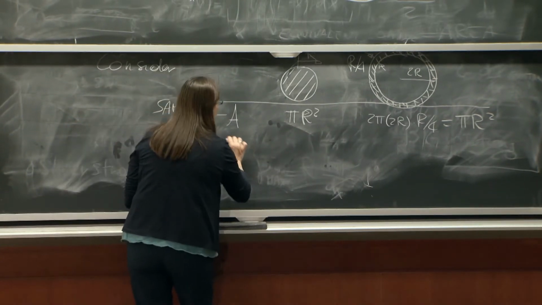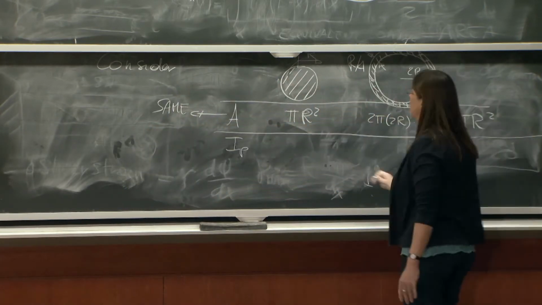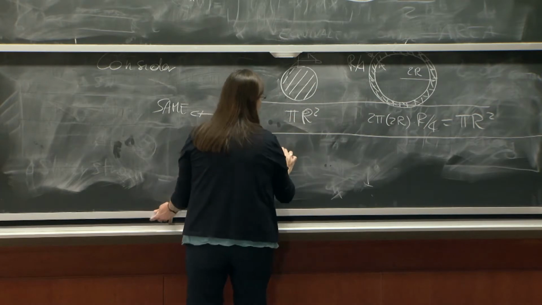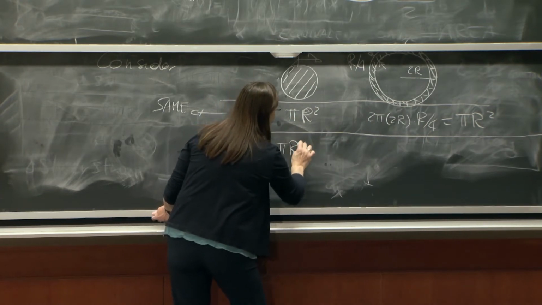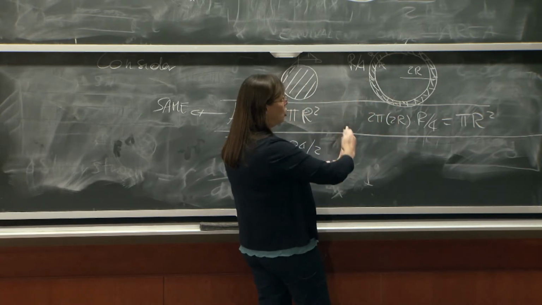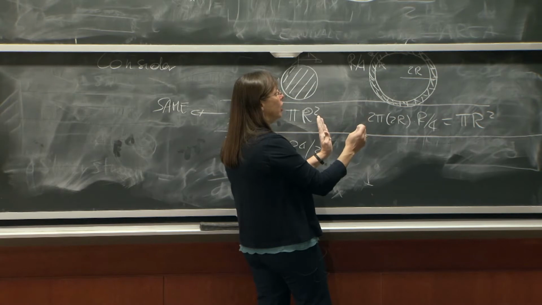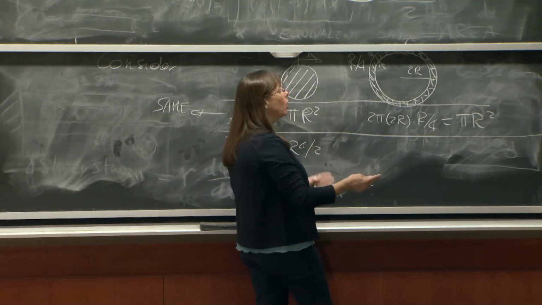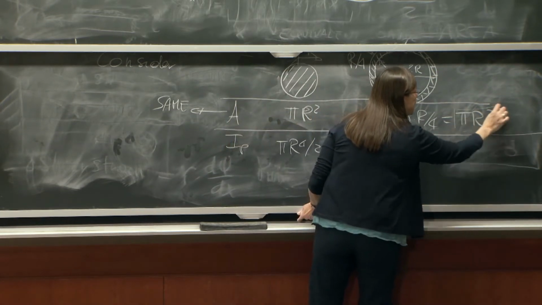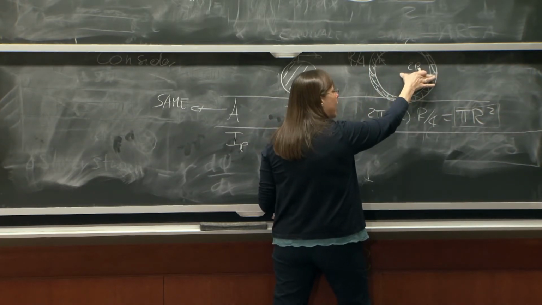Now the IP of the cross-section, in this case, is simply pi r to the 4th over 2. In this case, if I make the approximation of the thin wall, it is this area, pi r squared, multiplied by 2r squared, right?